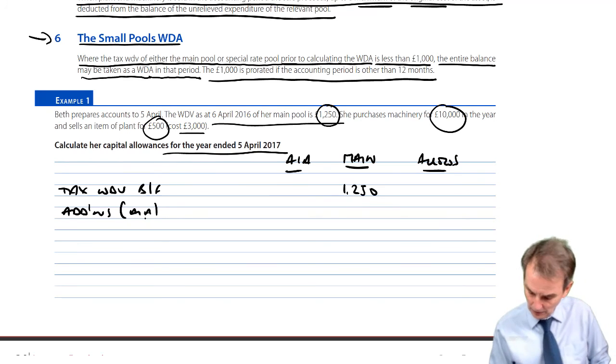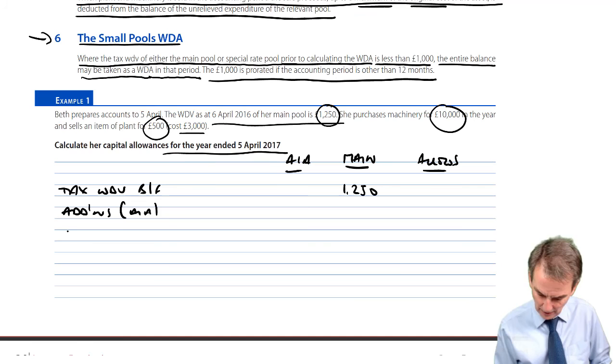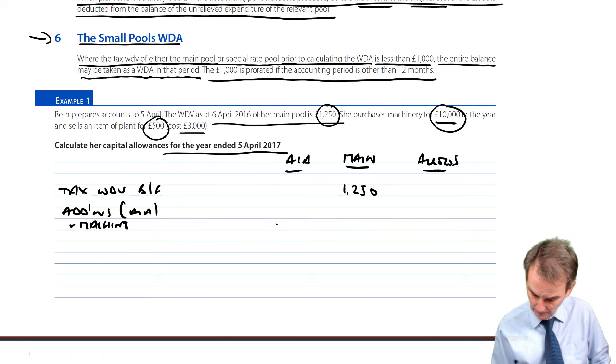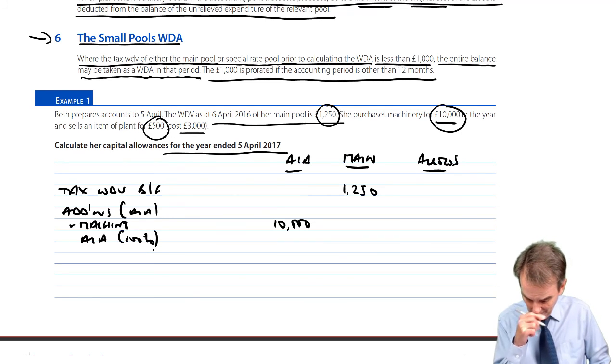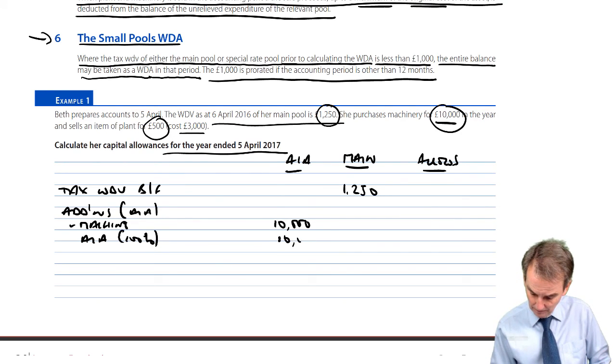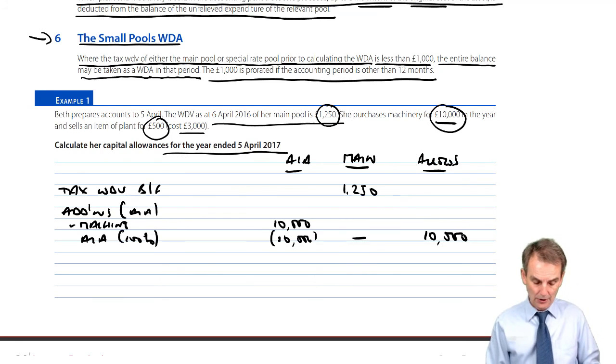That was the purchased machinery, which cost £10,000. AIA, 100% of course there, as it always is. £10,000, nothing to go to the pool, £10,000 in your allowances claim.